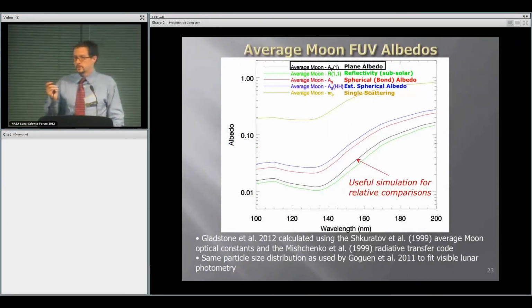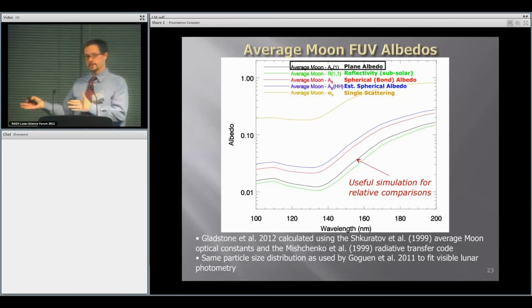So when we have a diffuse illumination source like we're dealing with for LAMP, what exactly is the albedo that we're measuring? Rather than a spherical or Bond albedo, we're talking about a plane albedo. Single scattering of all these diffuse photons coming in is the more important parameter to think about.